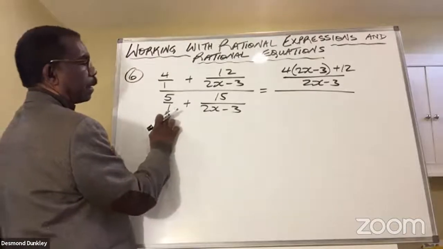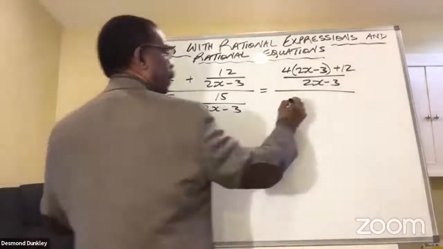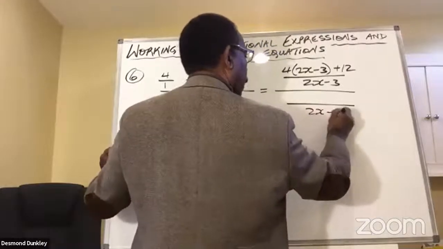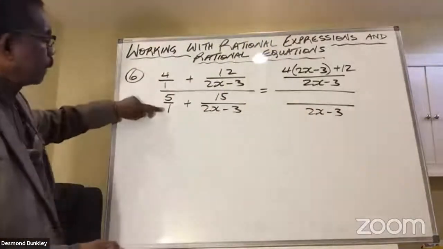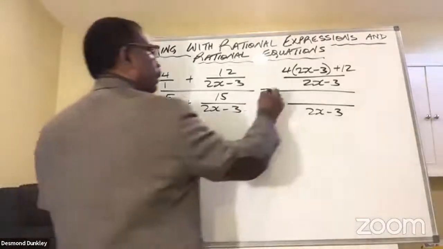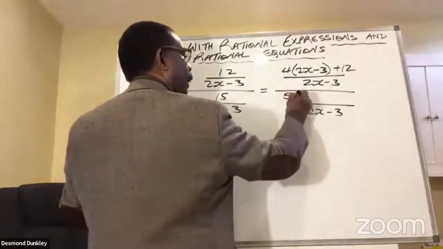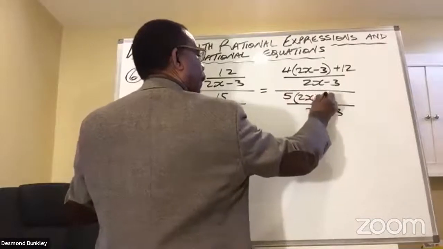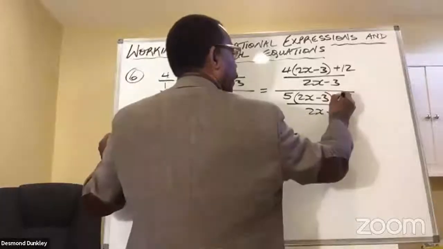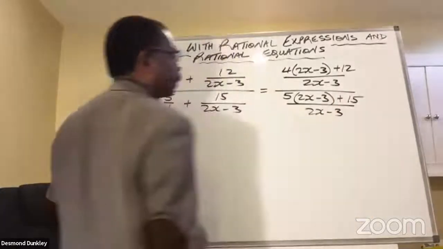The bottom here is going to become 2x minus 3, so I have to multiply the top by 2x minus 3. So I end up with 5 times 2x minus 3. And then this is a plus 15.